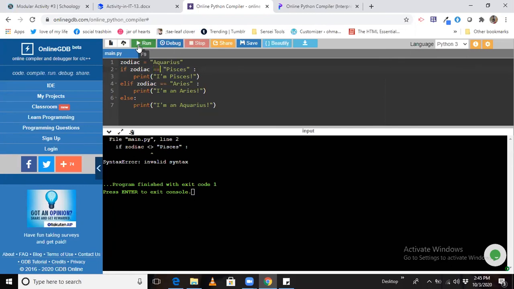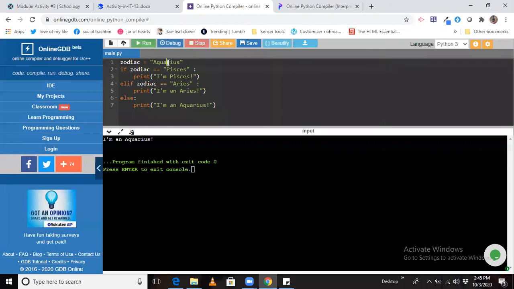Kailangan equal. What if the value is Pisces? Run. I'm Pisces. If the value is Aries, run, print yung Aries. If Aquarius, run, print yung Aquarius. So gumagana lahat ng conditions. If wala siya doon, Cancer. What will be the output?